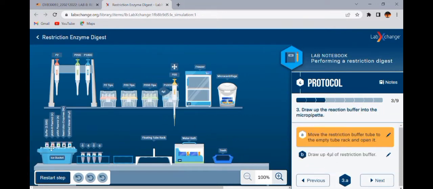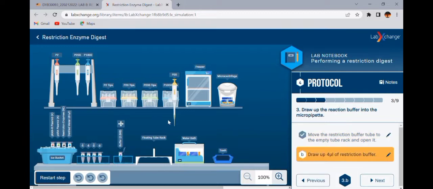After that, move the restriction buffer tube to the empty tube rack and open it. Then, draw up 4 microliter of restriction buffer.